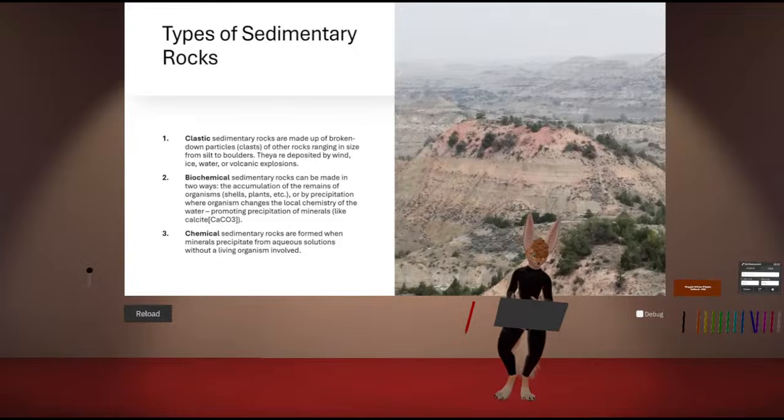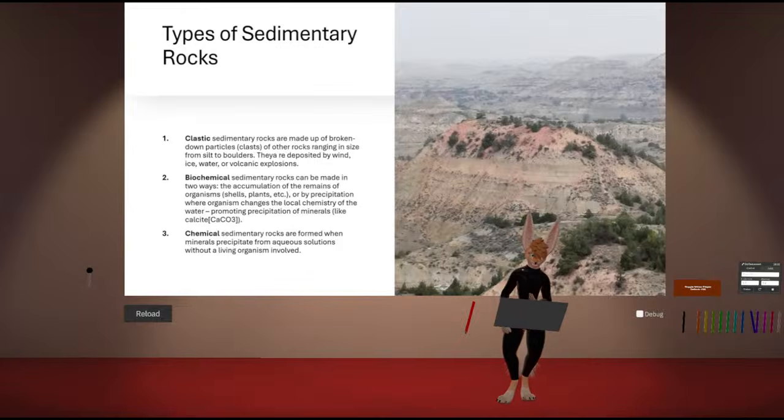Clastic rocks are made up of broken down particles, or clasts, of other rocks ranging in size from silt to boulders, and they're deposited by wind, ice, water, and volcanic explosions like the caldera vents.